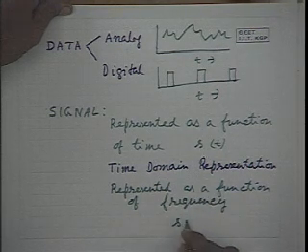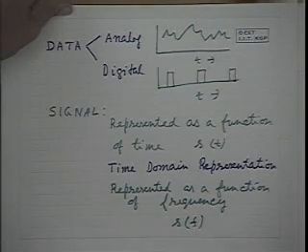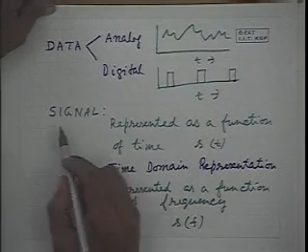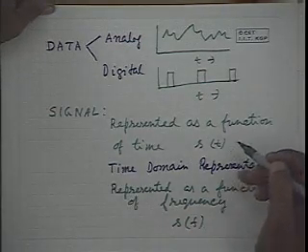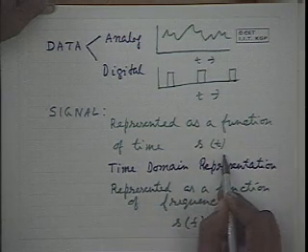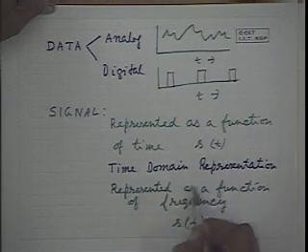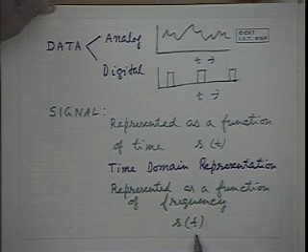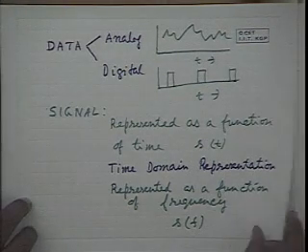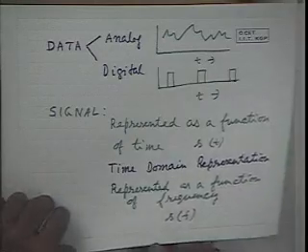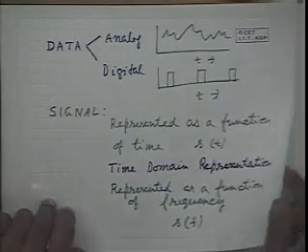That time this representation is represented by S(f). So, same signal can have either time domain representation or frequency domain representation. We shall see how the same signal can be represented in one of these two domains.